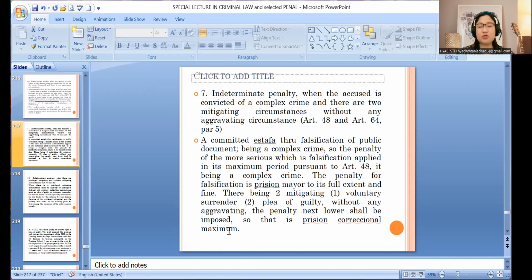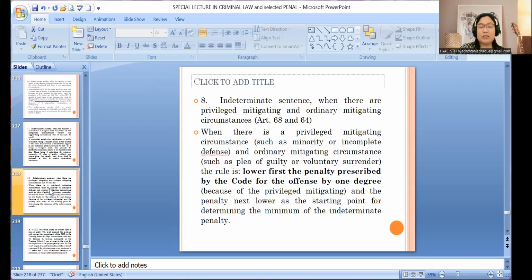Because of the provision of Article 48, that the penalty of the most serious imposed in the maximum period shall be imposed. And what would be the minimum? The minimum here would be within any range of arresto mayor, which is the penalty next lower in degree than the prescribed penalty.